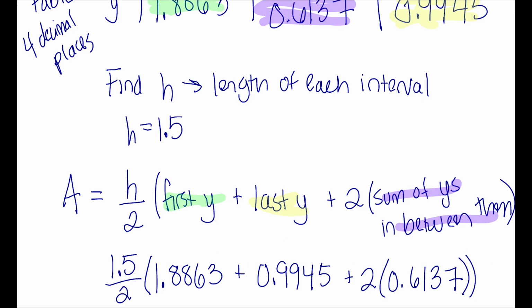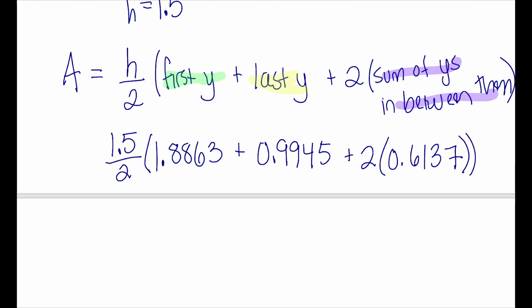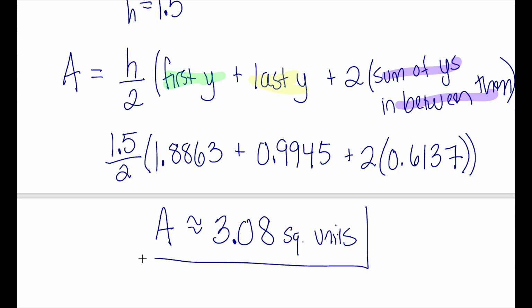So just watch your order of operations as you're plugging it into the calculator. And then generally they're going to want you to give the area to 2 decimal places. We just took it to 4 here, so our answer will be more accurate, especially since it's an estimation already. I like to be as accurate as possible. So I plugged all of this into the calculator and to 2 decimal places, the area should be approximately 3.08 square units.